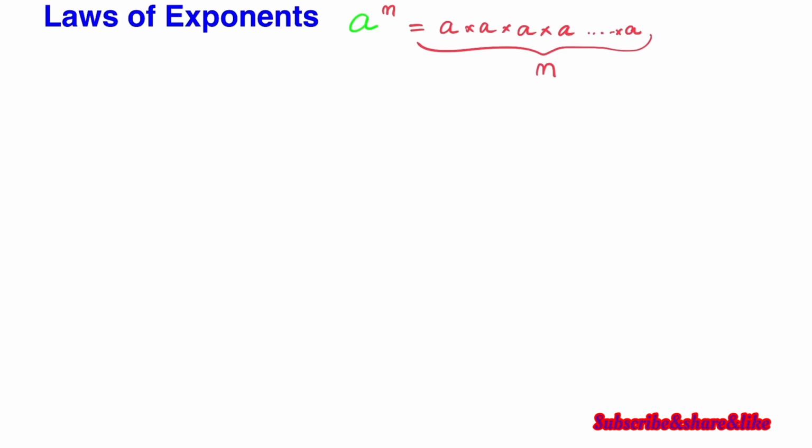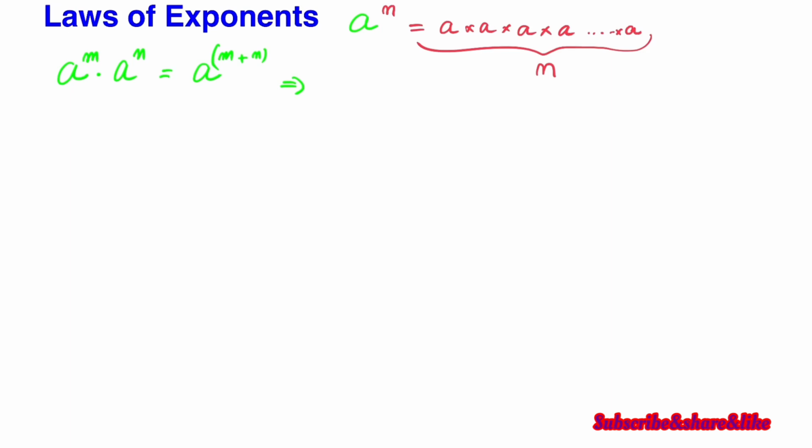So if we have a to the power m times a to the power n, it is equal to a to the power m plus n. And where does this come from?